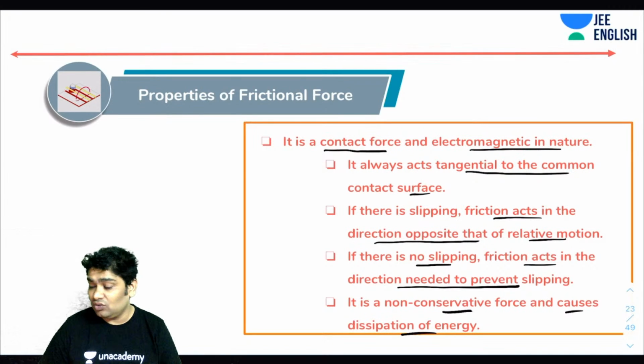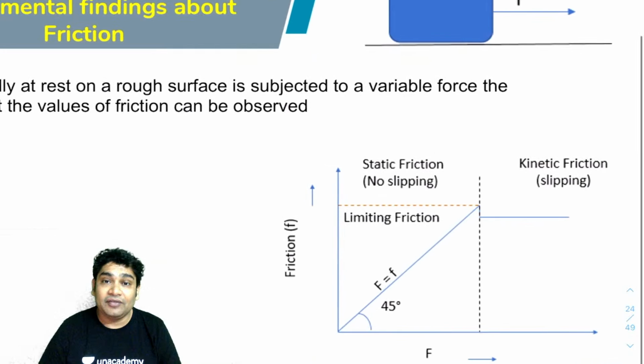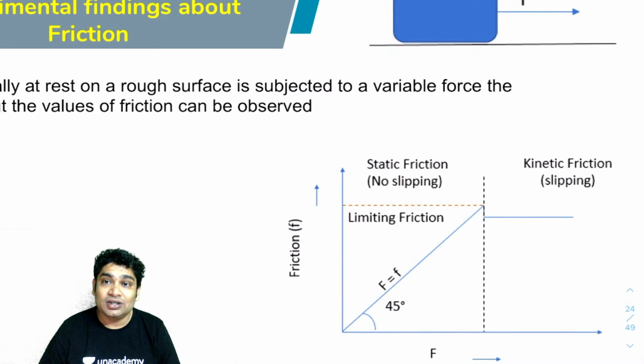Then we also realize that this is the graph that you would have gotten if you had applied a variable force on any object. I'm not going over how we get this graph; this is an experimental result. Based on this, you will realize that friction behaves differently in two different situations.